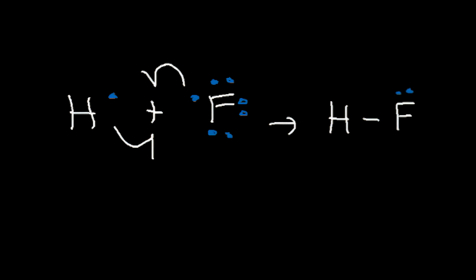So HF looks like this. Now, fluorine is significantly more electronegative than hydrogen. So fluorine is going to pull the electrons toward itself. Because the electrons are shared unequally, the bond is going to be considered a polar covalent bond.